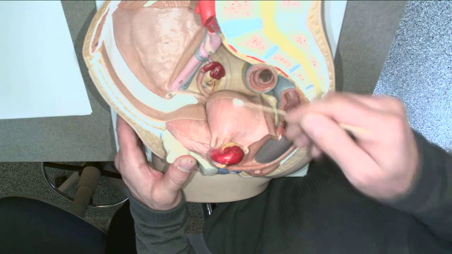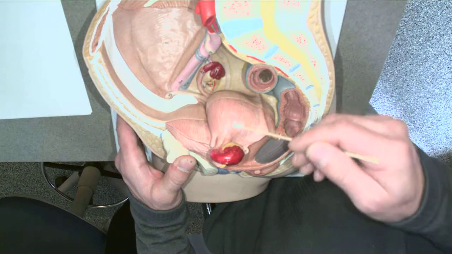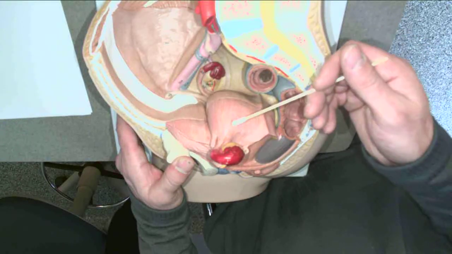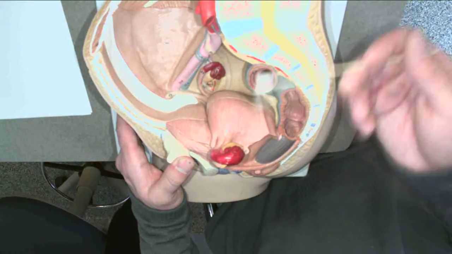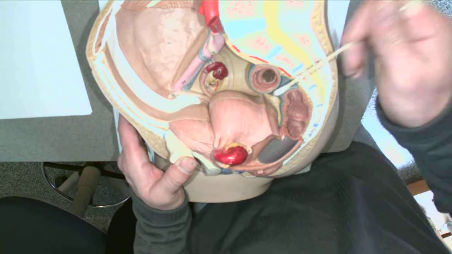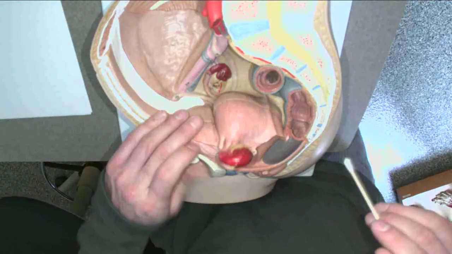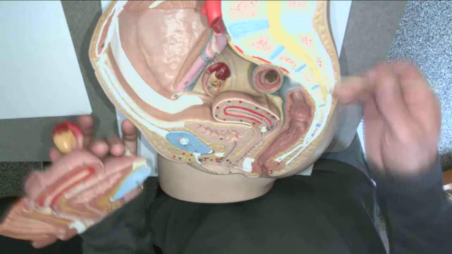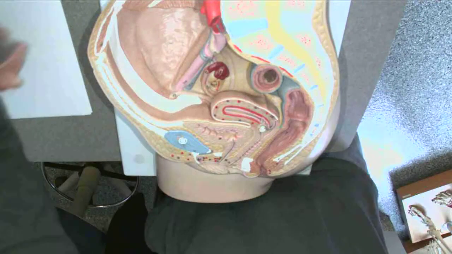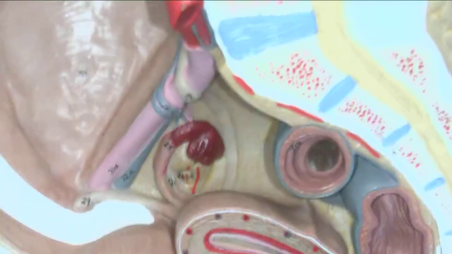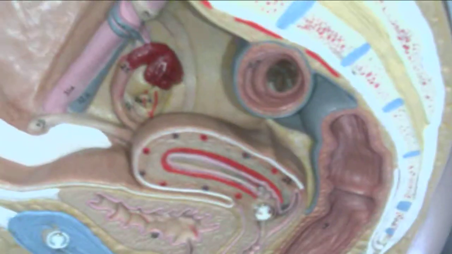And then I guess we'll take a look inside. So now if we look at a medial view, zoom in, you see the ovary, fimbriae, and oviduct. Those are just from the other side.